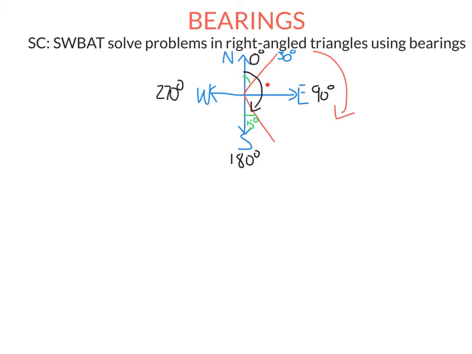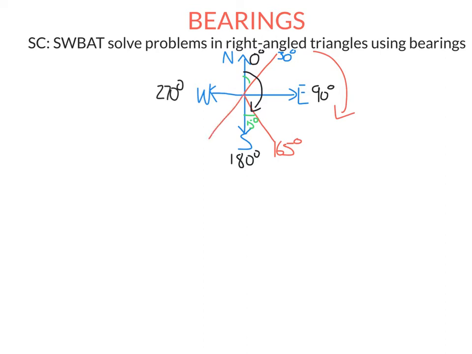I would give this black angle here. So if due south is 180 degrees, this angle here is 180 minus 15. So this bearing would just be 165 degrees. And that makes sense. We're going southeast, so your bearing should be somewhere between 90 degrees and 180 degrees.